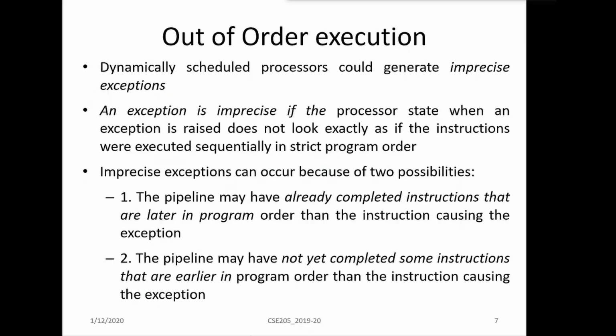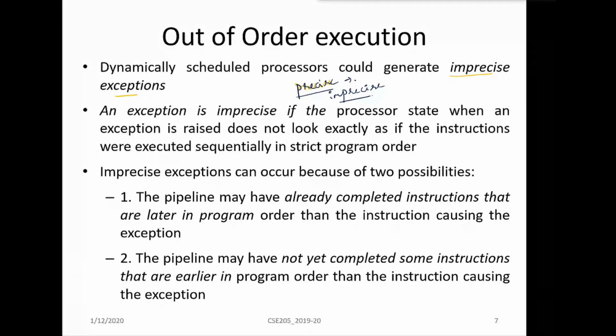And one more problem is imprecise exceptions. Normally, when we talk about exceptions, we have two things: one is the precise exception, the other is the imprecise exception. If we have a precise exception, we can reschedule.